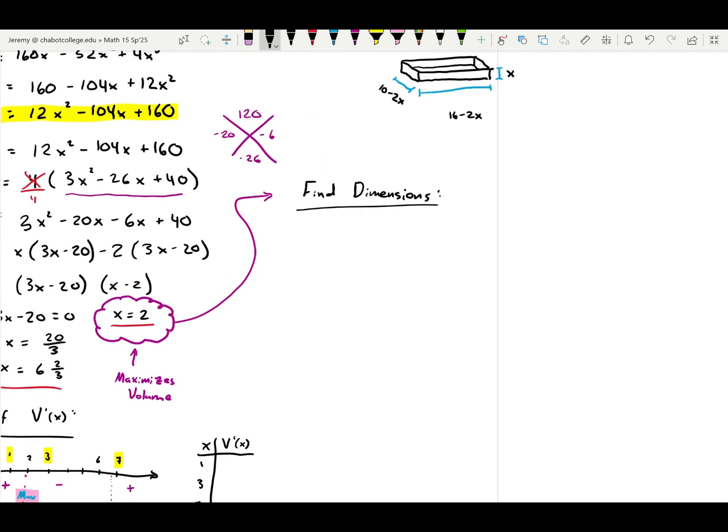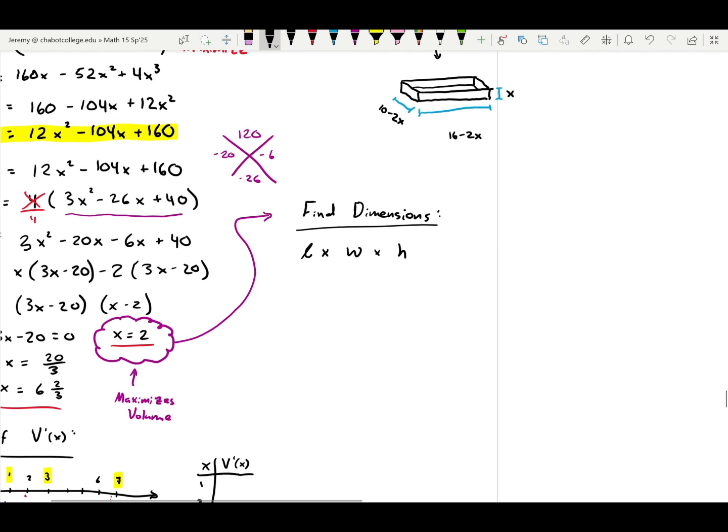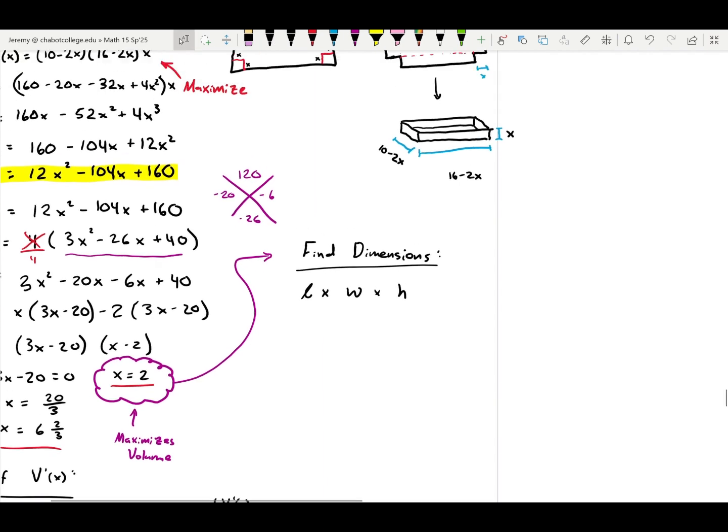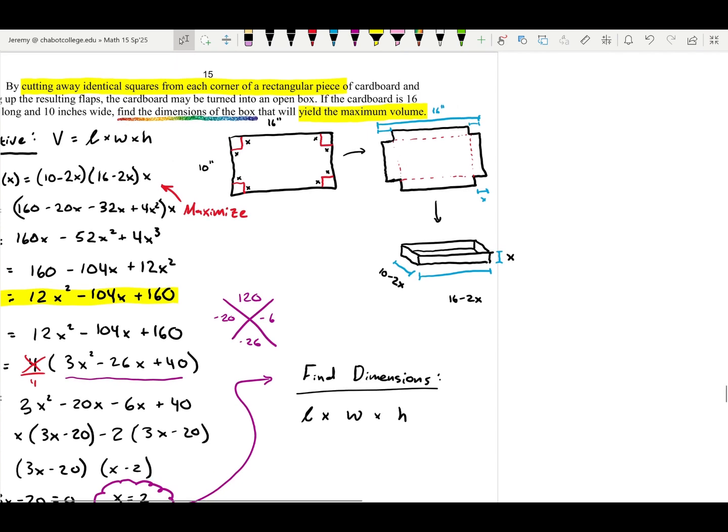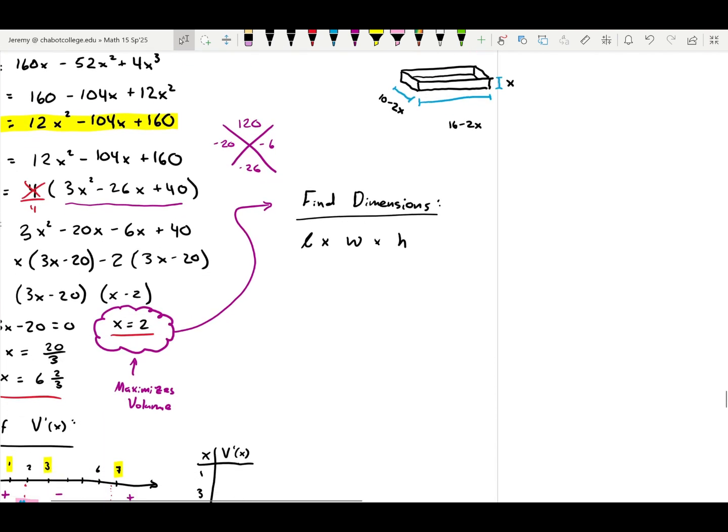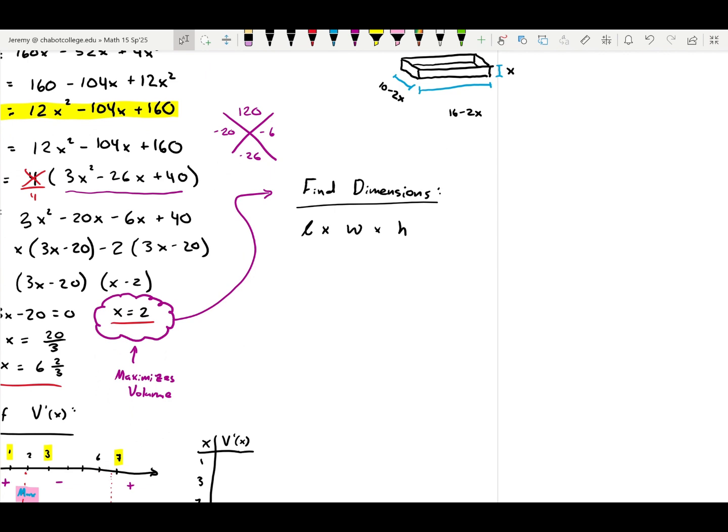Okay, so the dimensions, it's going to be length times width times height. And we know that x is equal to 2. That was the height. And what are our units again? Looking back up here, everything was given in terms of inches. So I know that the height is going to be 2 inches.